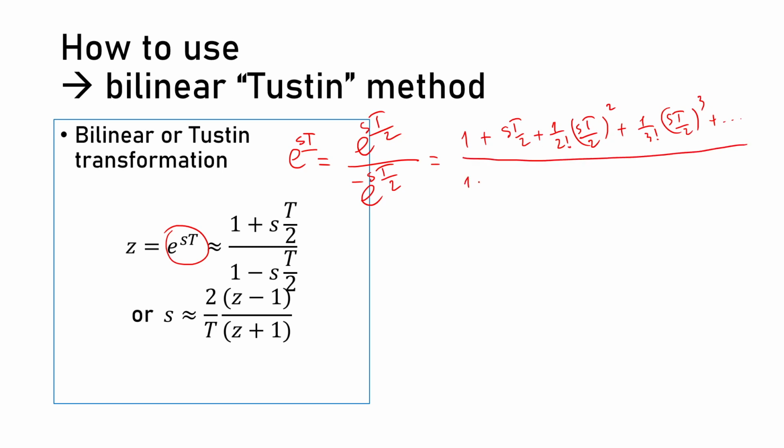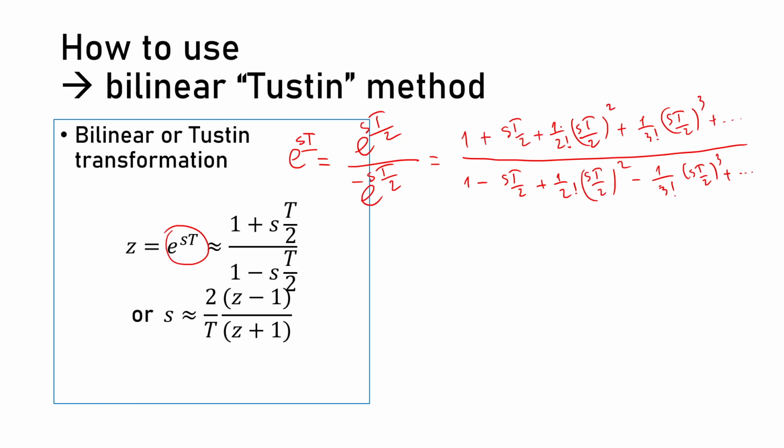And similarly you have this one, yeah, this is Taylor series, right? This one minus, and then this one plus sT over 2 squared, plus this one minus 1 over 3 factorial (sT over 2) to the power 3, and you have higher order terms.